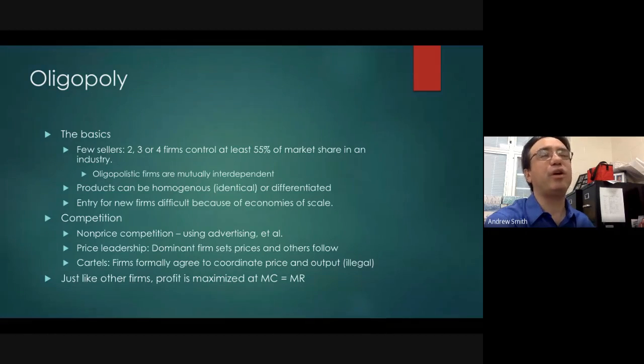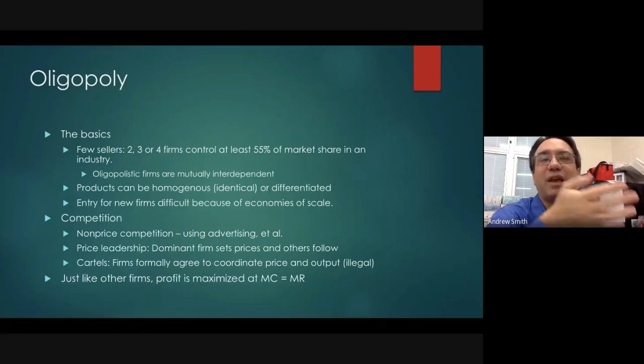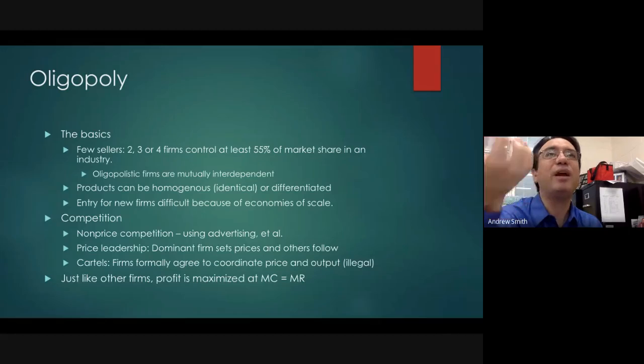Probably the best known cartel is OPEC, which is a cartel of Venezuela and most of the Middle Eastern countries that coordinate the production of oil to try to keep the price often higher, manipulate the price. The United States and Canada are not members of OPEC. And so we can foil their plans: when they try to restrict the supply of oil to jack the price up, we'll increase our supply.